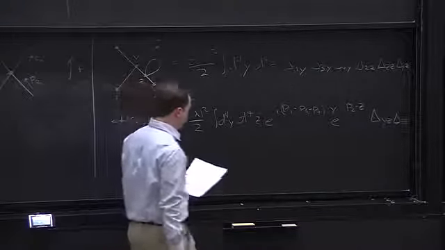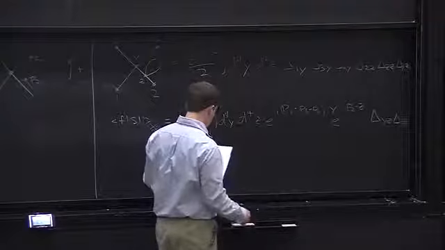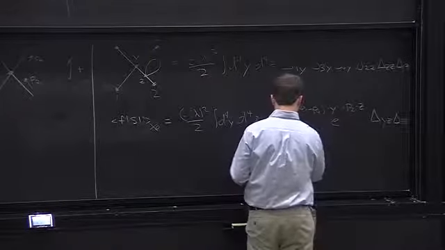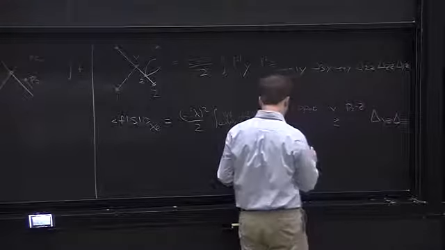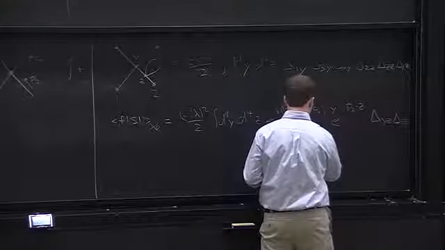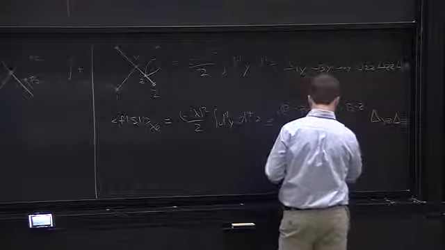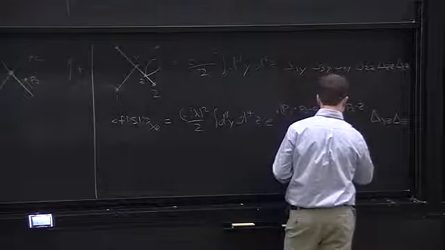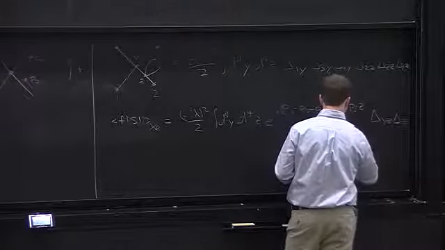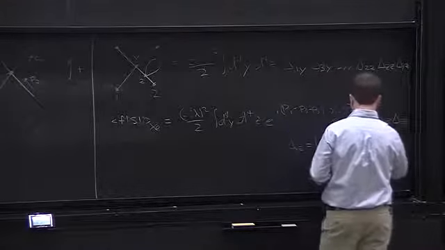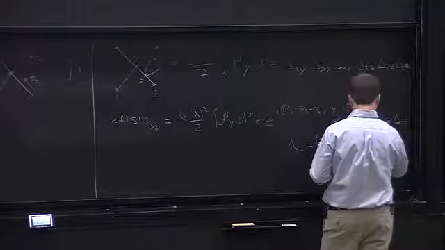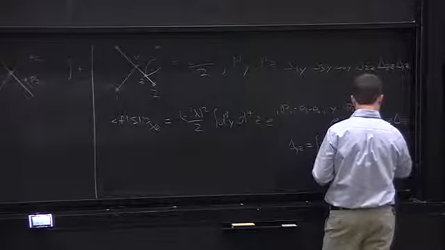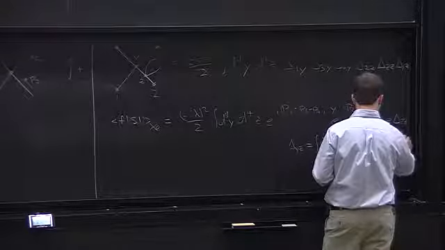And to proceed further, we can use our expression for the Feynman propagator. So delta yz is the integral d4k over 2 pi to the fourth, i over k squared minus m squared plus i epsilon, e to the minus i k dot (y minus z).